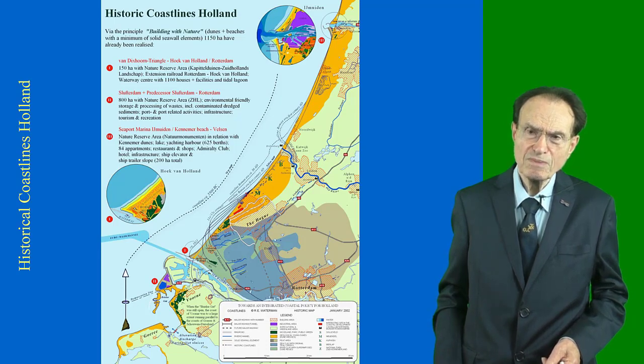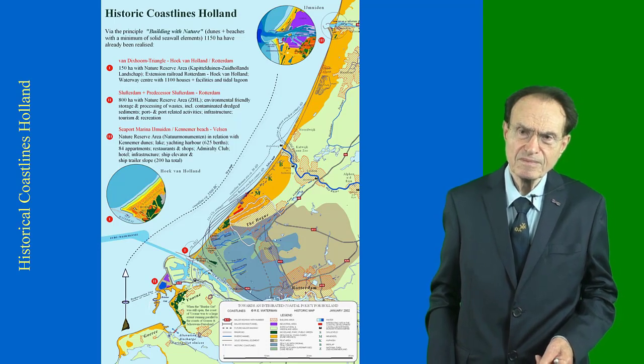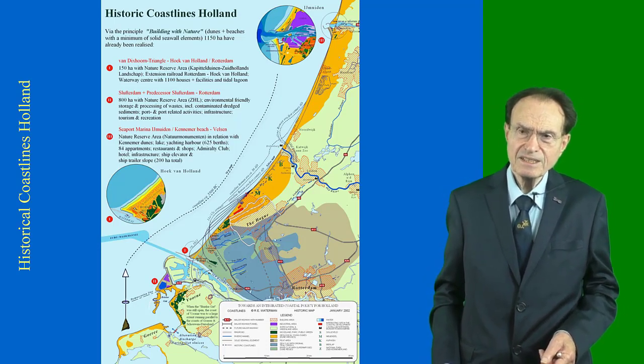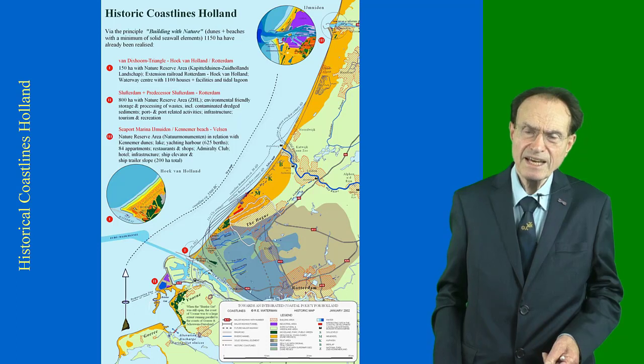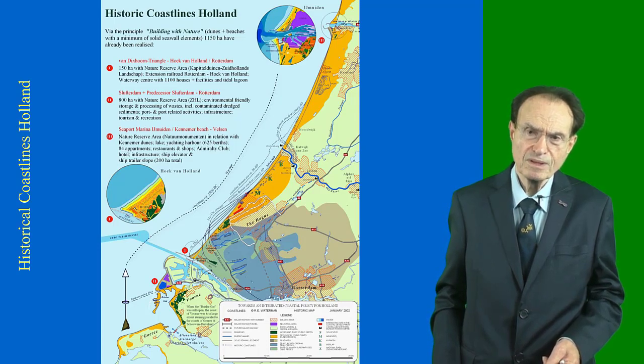And this old Maas mouth entered the sea near the small city of Ter Heide. It washed away the old sand ridges and deposited river clay. The name Ter Heide derives of De Hei, which was the name of one of the branches of the old Maas mouth.